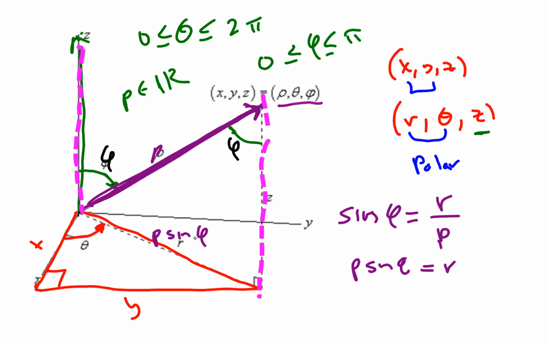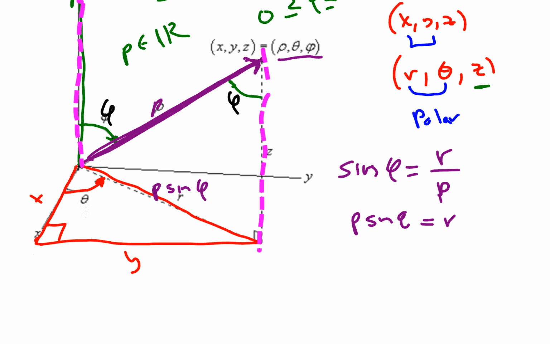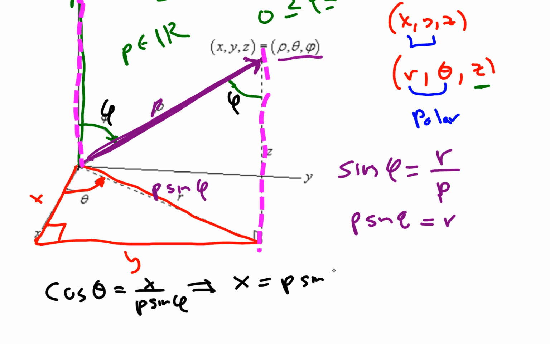And then if we look at that red triangle that's lying in the xy plane, we can do a lot with it. We can do little trig ratios. So for example, we can say that the cosine of theta equals the adjacent x over the hypotenuse rho sine phi. And if we solve that for x, we end up getting that x equals rho sine phi cosine theta.